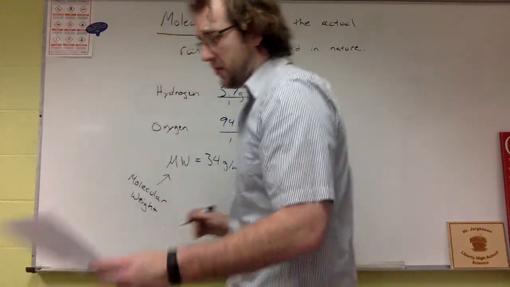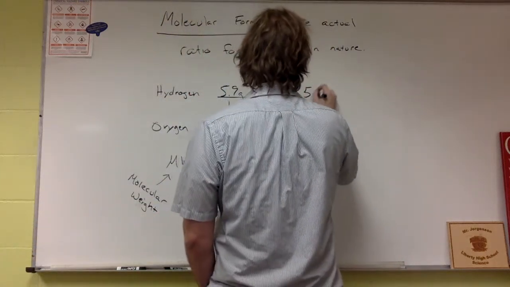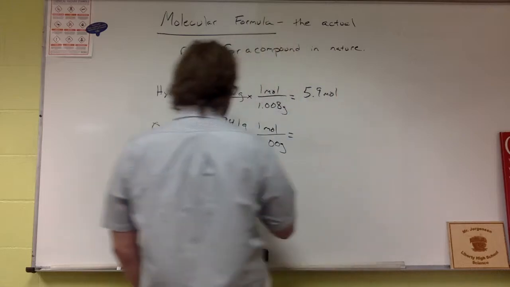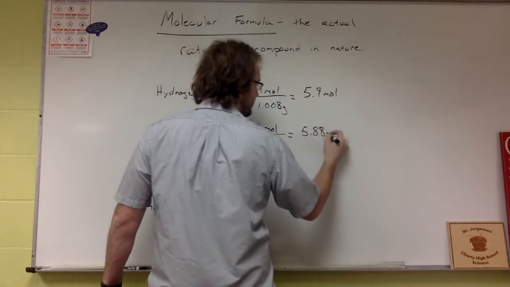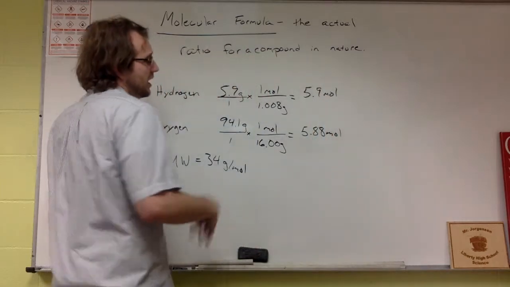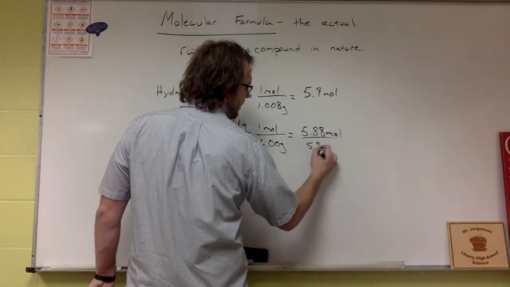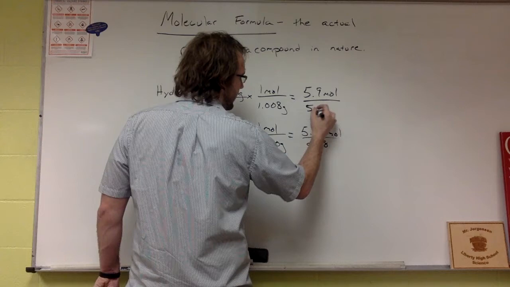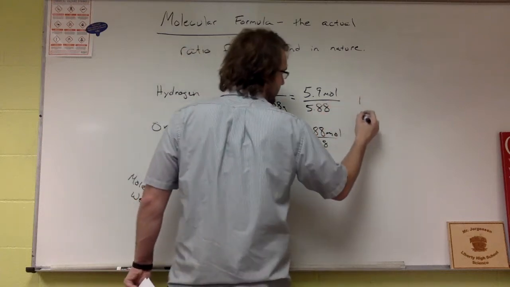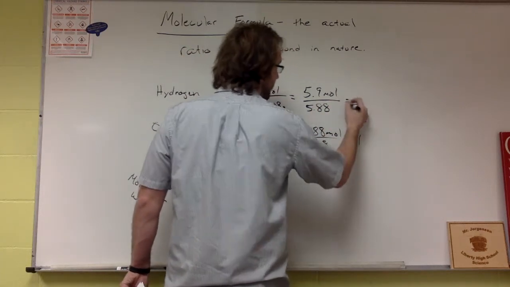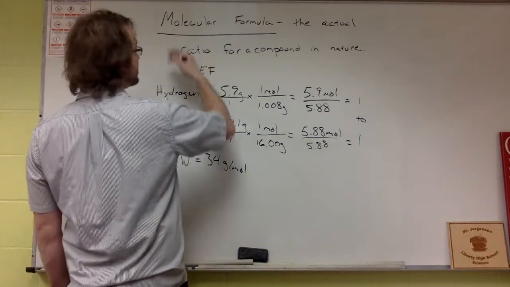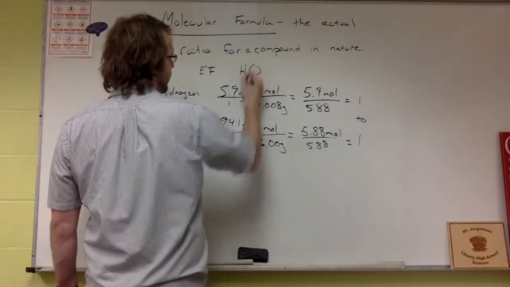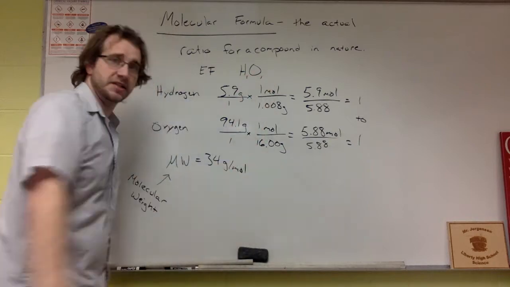When we run those numbers through, we end up with 5.9 for the first one, and approximately 5.88 for the second one. Now we're going to divide both of these by small. Looks like 5.88 is our small one, but really it's going to come out to be a 1-to-1 ratio. What that means is our empirical formula is actually just HO, 1 and 1, if that makes you feel better.